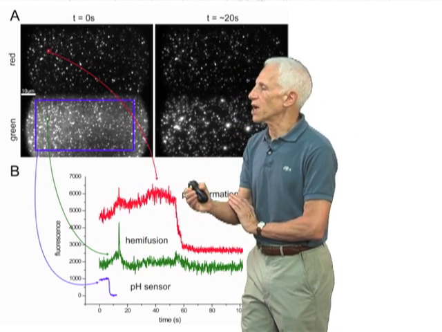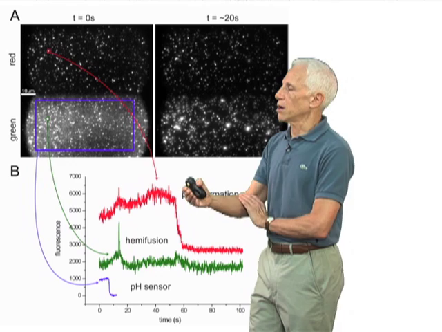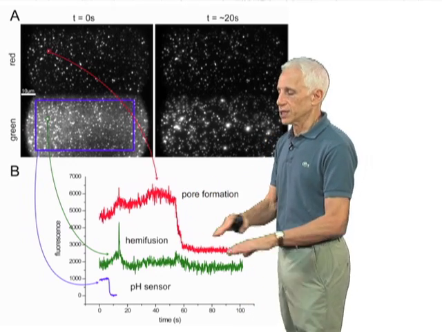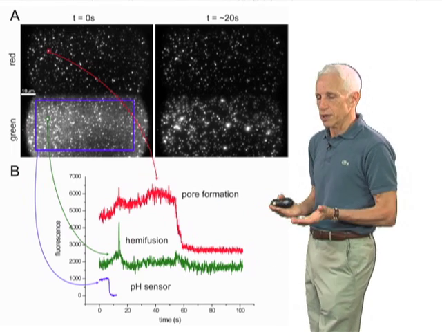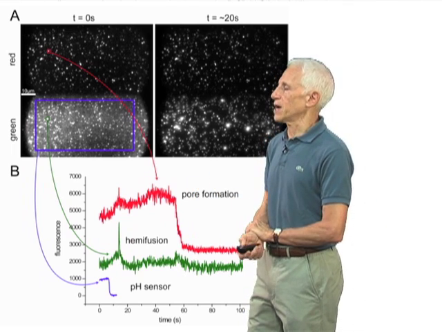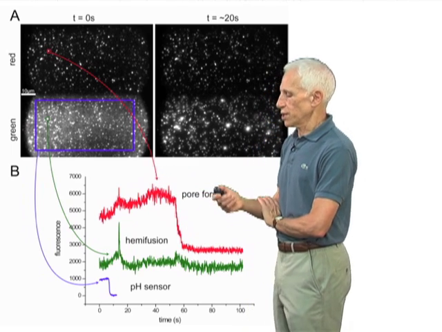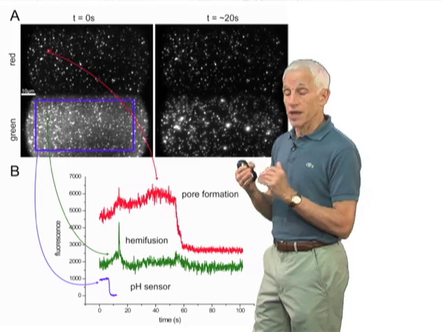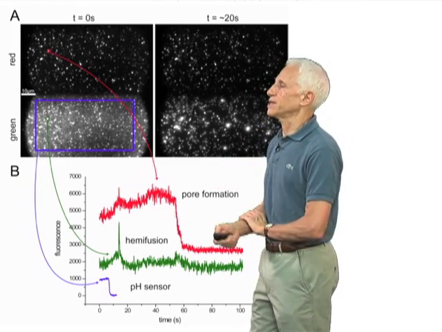And then with a further time delay, there is mixing of the content of the virus with the aqueous substrate in the dextran layer underneath the bilayer, and one sees loss of fluorescence from the dye that was inside the virus particle as it diffuses away.